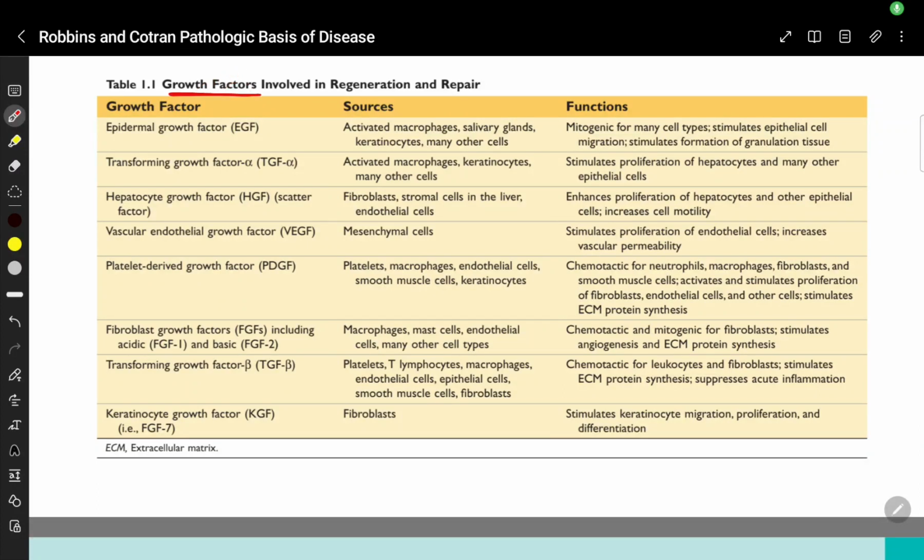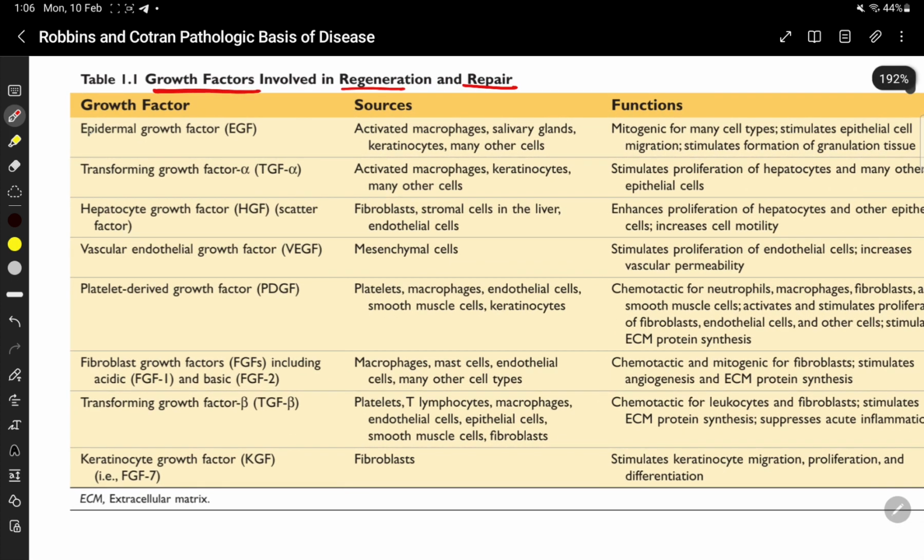Growth factors involved in regeneration and repair. Epidermal growth factor, that is EGF, transforming growth factor alpha, TGF alpha, hepatocyte growth factor, HGF or scatter factor.